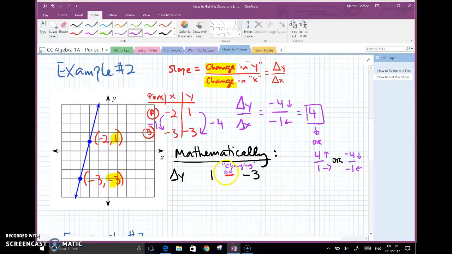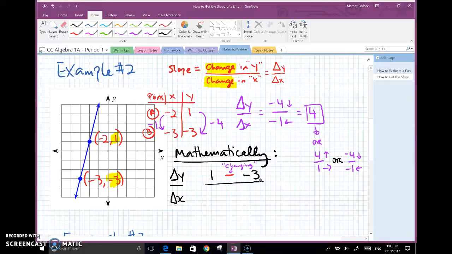So 1 is changing into a negative 3. By how much is a 1 changing into a negative 3? That's what this statement is asking. It's really asking, by how much is this changing into that? And we do the same thing with the change in x.